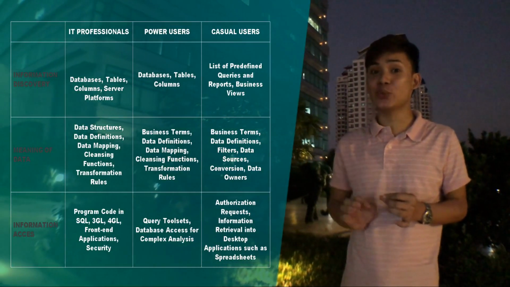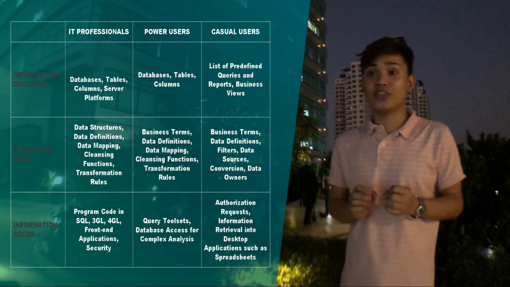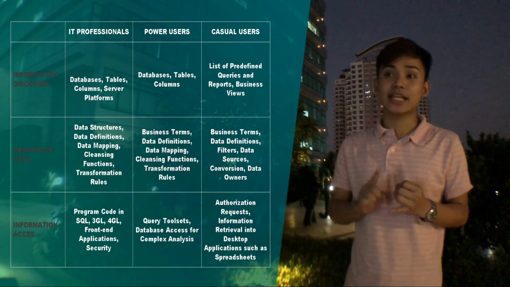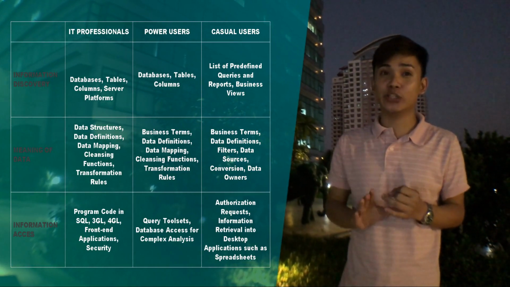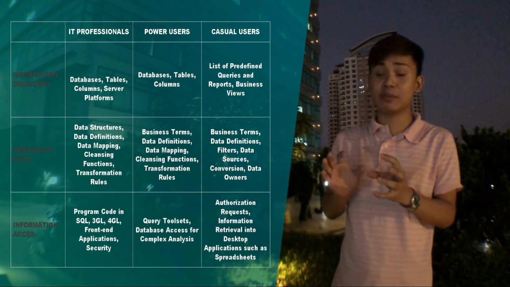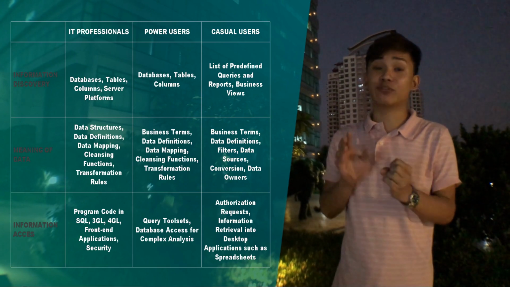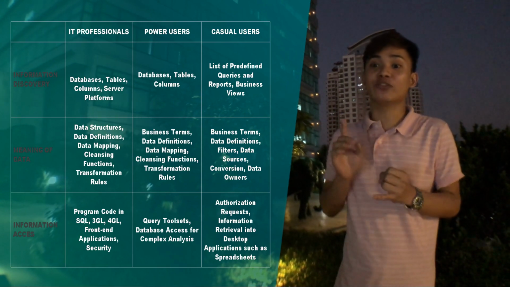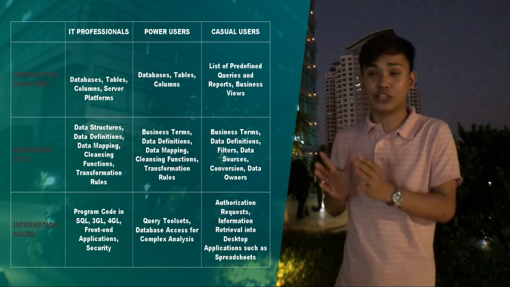Now, let us move on to the users of metadata and its significant role for each users. Well, there are three major users of metadata. There are the IT professionals, the power users, and the casual users. In this part, we will discuss these users in three major parts. First is the information discovery, meaning of data, and information access for each users.